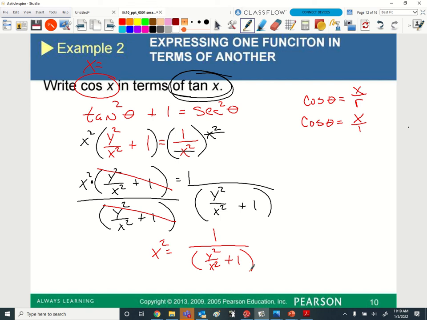Yes, no, maybe? Yes? No? So, you don't like that or no? Are you okay with canceling this out? Are you okay with multiplying x squared by both sides?